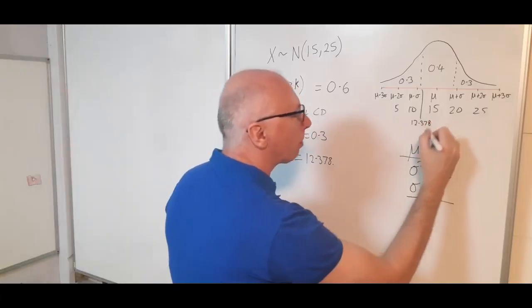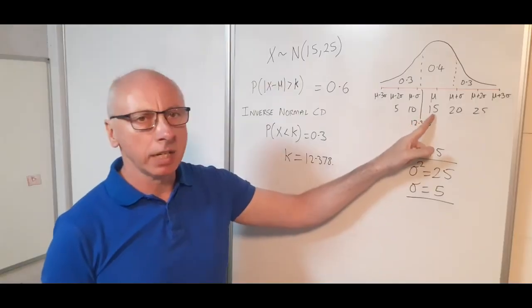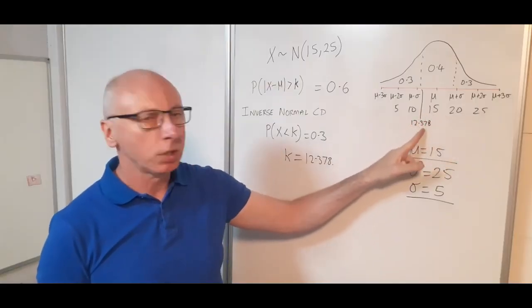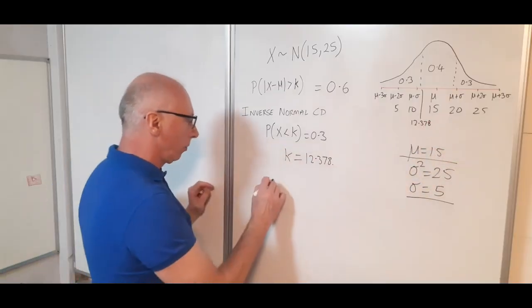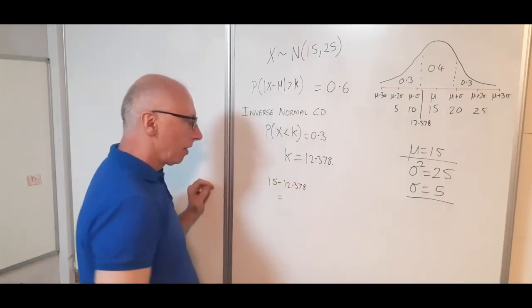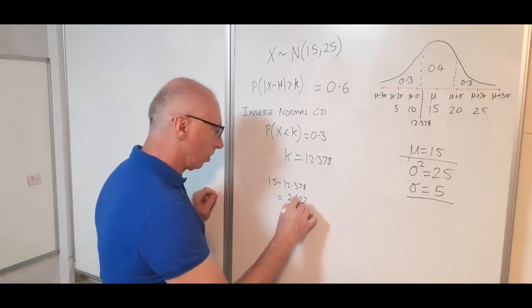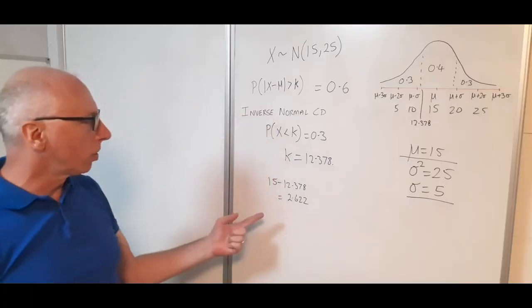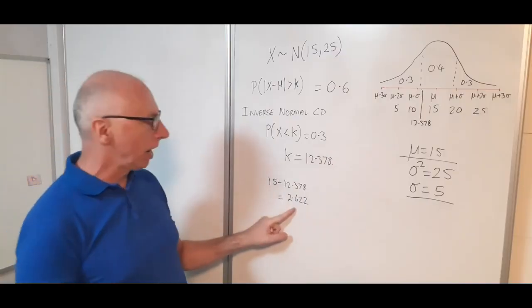So now what we can do is, by the laws of symmetry, we can find how far that is from the mean and get the other side, which would be the same distance from the mean, but this time positive. So if you do 15 minus 12.378, that would give us 2.622. So now all we've got to do is add that onto the mean, and that will give us our other value.